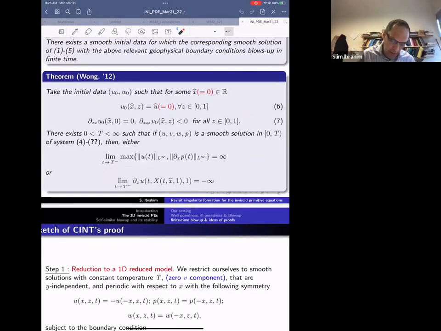So capital X here is the characteristic from this point x1 at z equal to 1, at the top boundary.